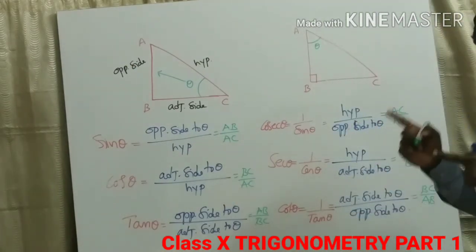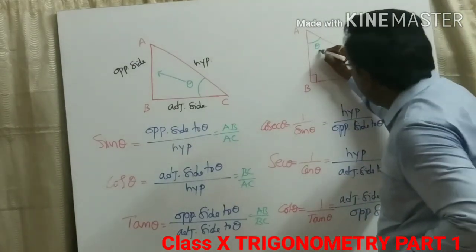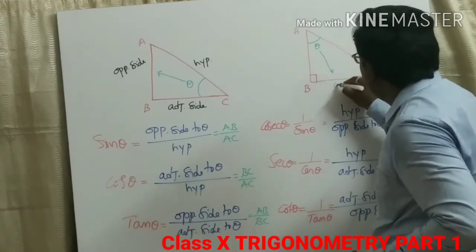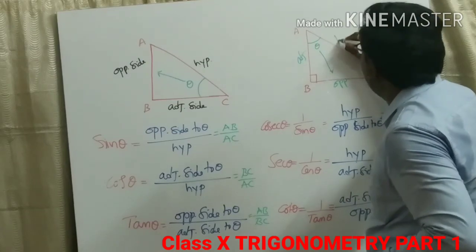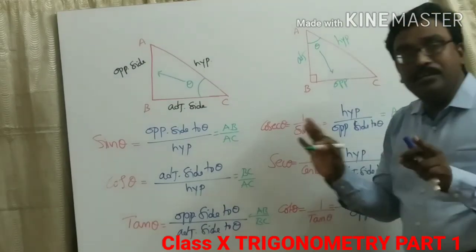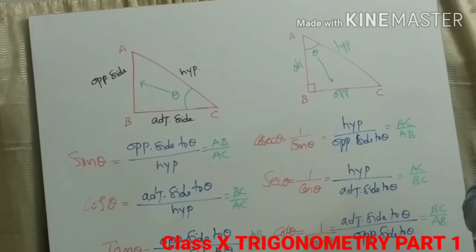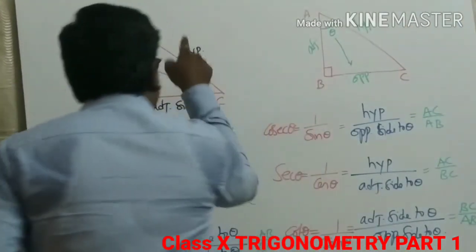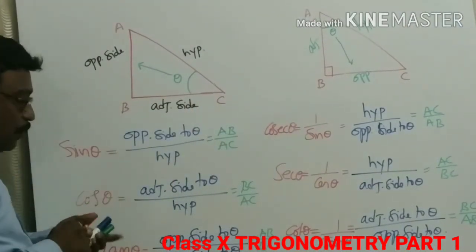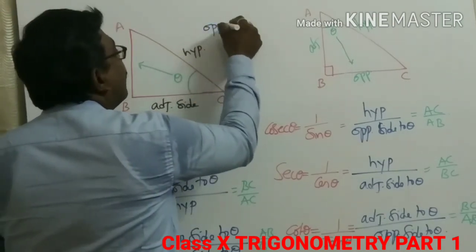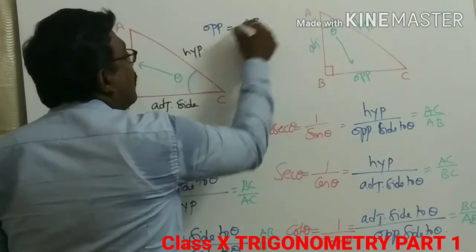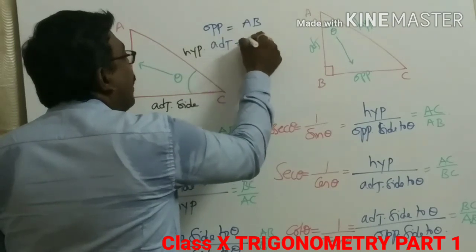With respect to theta, then this is the opposite side, this is the adjacent side, and this is the hypotenuse, that is clear. So, with respect to theta here, what is its opposite side? I am writing here, opposite side, that is AB. Adjacent side is BC.